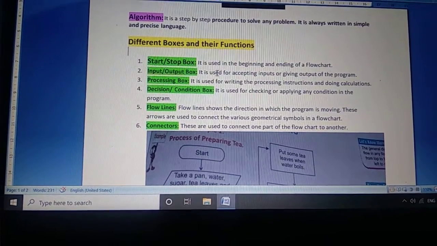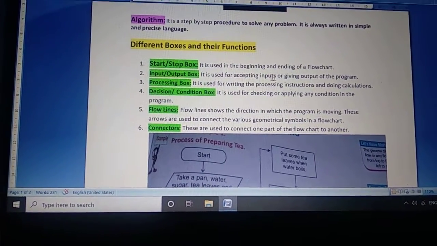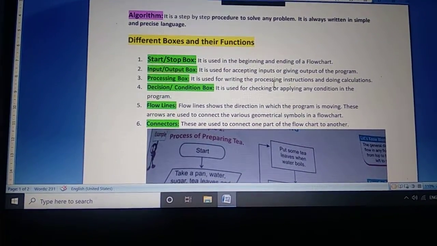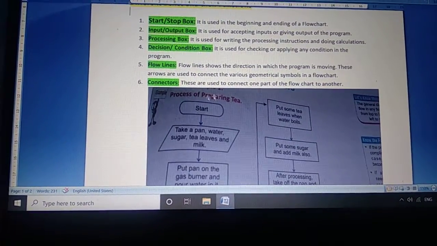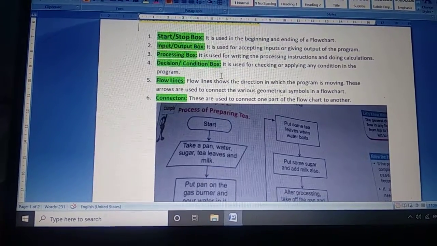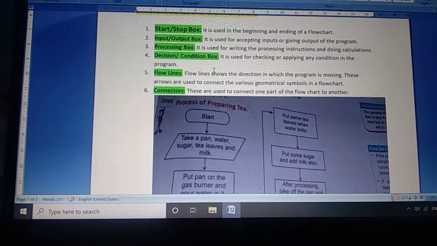The input box is used for accepting inputs or giving outputs of a program. Next is the processing box, used for writing the processing instructions and doing calculations. As you can see here, I have already explained this process of preparing tea. Next is the decision or condition box, used for checking or applying any condition in the program.